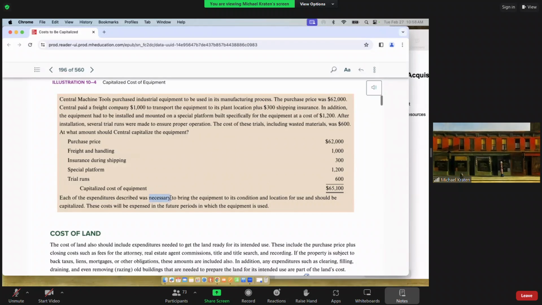Was it necessary to spend money on all of these different tasks so that I could start to use it? And in this case, the answer is yes.